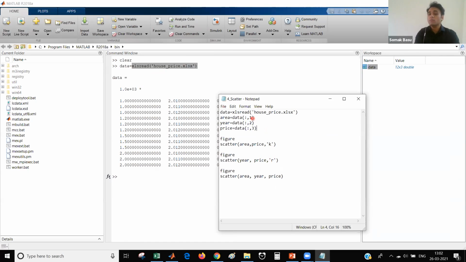The first column is the area, second column is the year, third column is the price. So I'll define a variable area is equal to data colon 1. That means the first column of the variable data corresponds to the area. The second column corresponds to the year. The third column corresponds to the price. So I'll define three more variables for you.